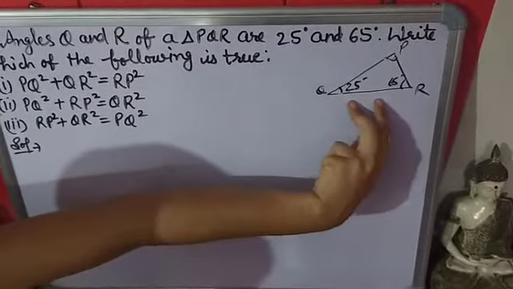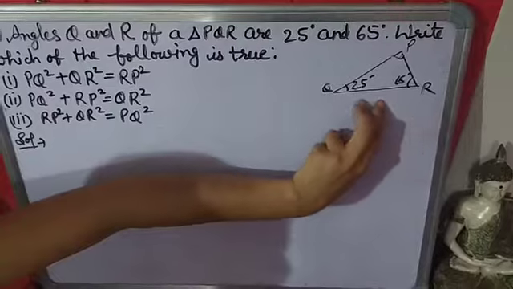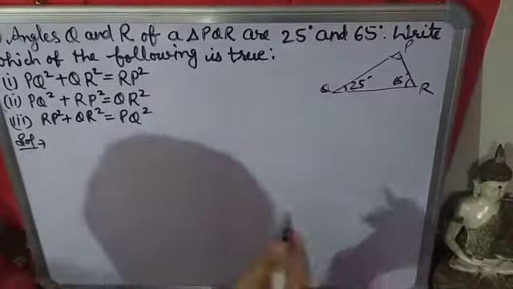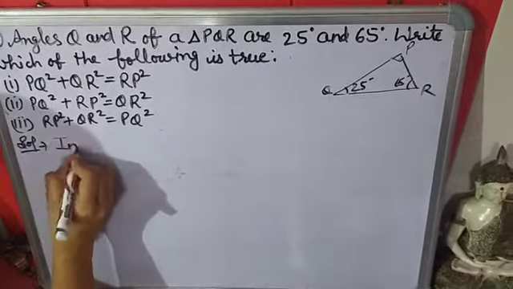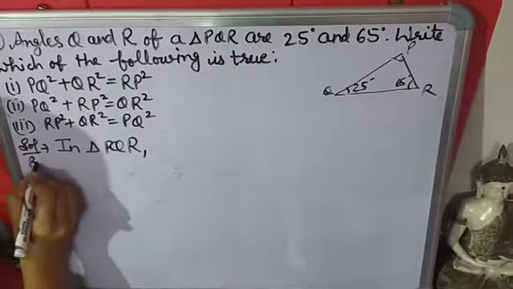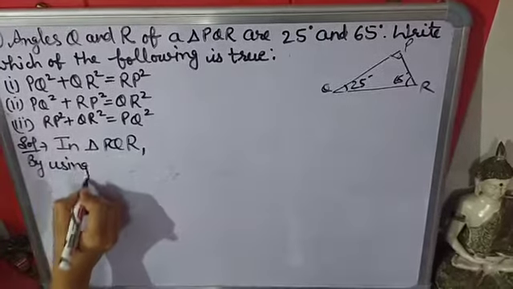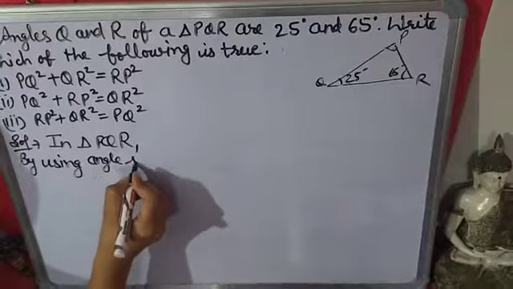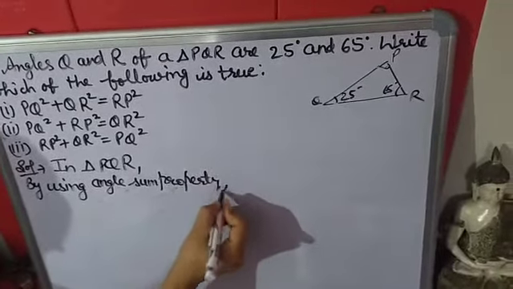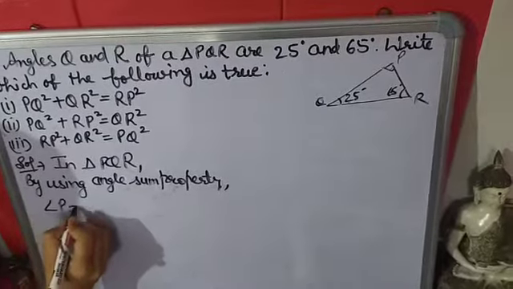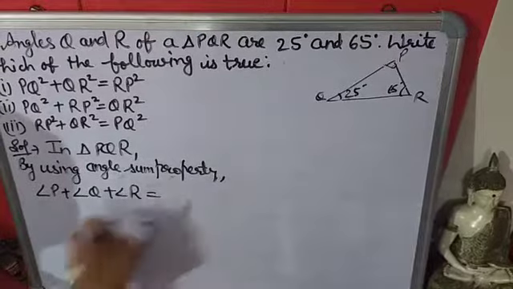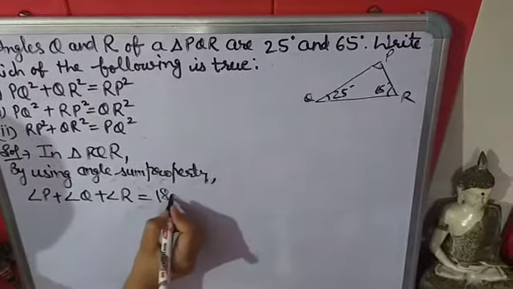If two angles of a triangle are given and we have to find the third angle, then we will use angle sum property. So we will write here, in triangle PQR by using angle sum property. According to this property, angle P plus angle Q plus angle R, the sum of these three angles should be 180 degree.